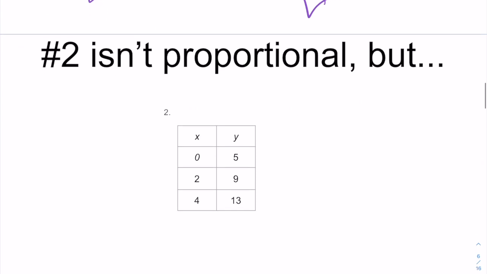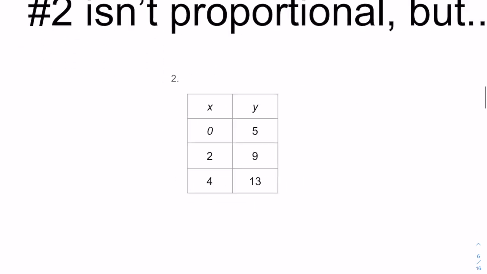But there's something special about number 2. It's not proportional, but if we take a deeper look, from 0 to 2, my x went up by 2, and from 5 to 9, my y went up by 4. Then from 2 to 4, my x increased by 2, and from 9 to 13, my y increased by 4.